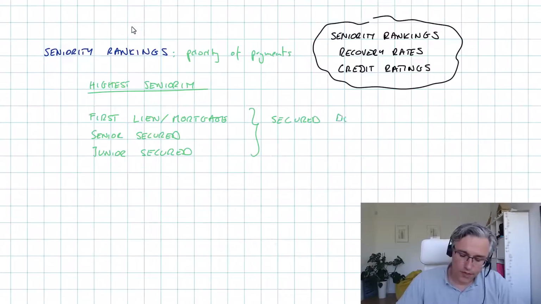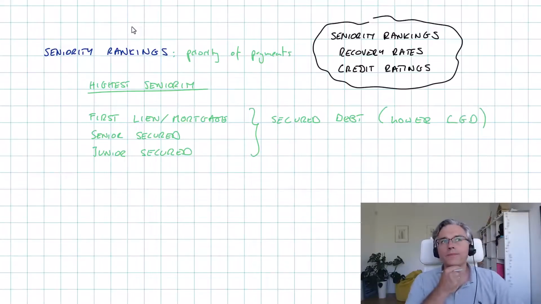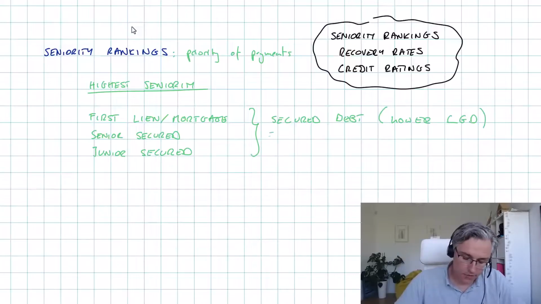Now secured debt will be associated with lower levels of loss given default. What I mean by this is if default happens, because the loan or claim is secured on some specific asset, let's actually write this down.